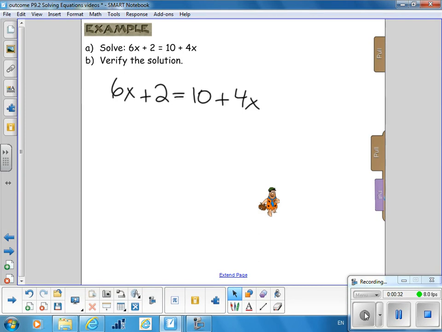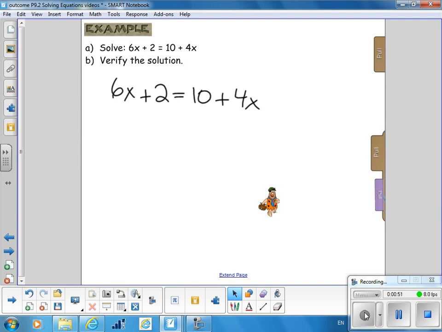So here, what we'll do is we'll move the variables all to the left-hand side. So just as solving an equation where the variable's on one side, when you use inverse operations and you keep everything in balance by doing the same thing to both sides, we're going to also use that same process here.